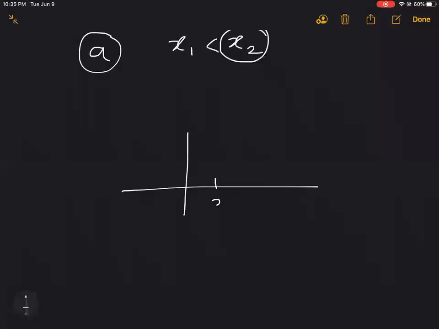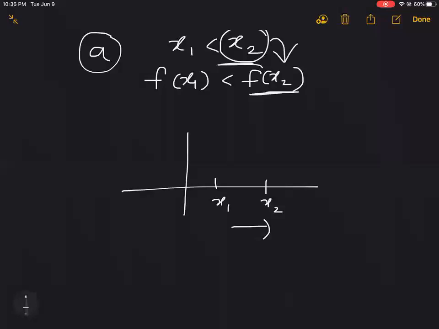That's your X1, that's your X2. This is bigger. We are going to our right. If your functional value is also getting bigger, this f of x2 is the corresponding value of this x2. That means you are going to your right, and your functional value is also increasing. So we'll say this is increasing.